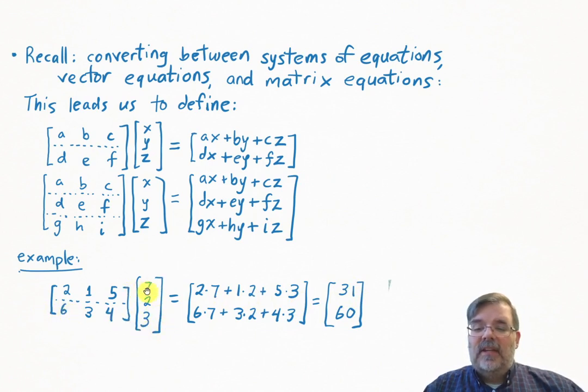We get 6 times 7 plus 3 times 2 plus 4 times 3. When we add those up, we get 60. So this matrix times this vector gives us the vector 31, 60. And that's how we can define matrix vector products for matrices of different sizes.